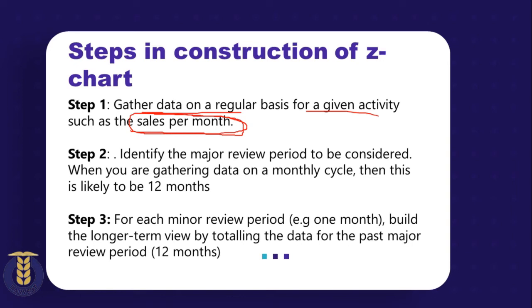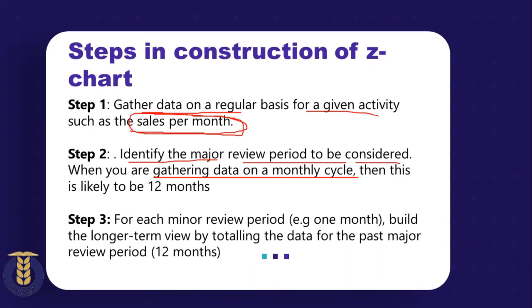And then step number 2, we identify the major review period to be considered. So the major review period, do you want weekly? Do you want daily? Do you want monthly? For the purposes of our illustration today, our major review period will be a monthly cycle.